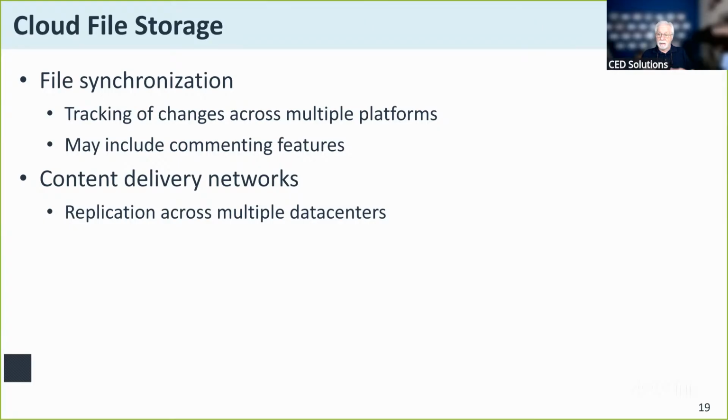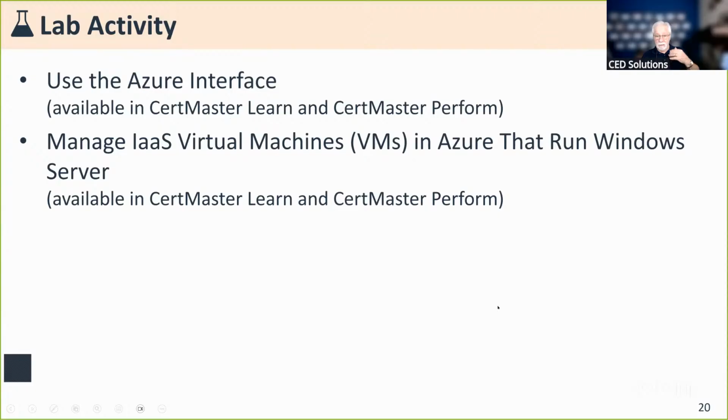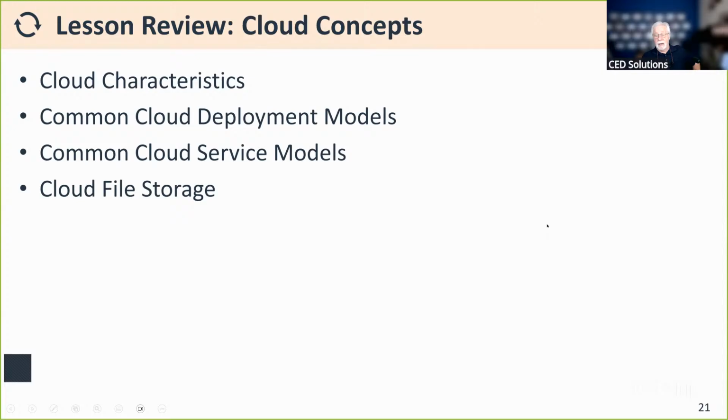So they set up these large content delivery networks in the cloud-based environment, and they spread those across multiple data centers, sometimes all around the world, so that anybody anywhere, if they get an internet connection, can jump in and have access to that data storage.